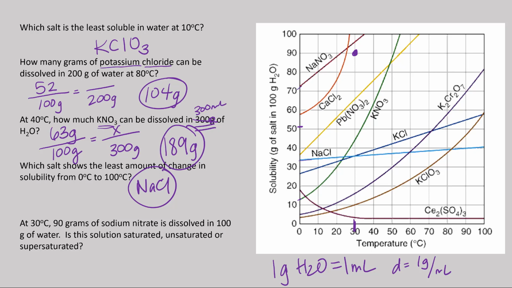And since it's below the line, that means we could still add more, because the line represents the saturation point. So that means that this is unsaturated because it's below the line. We could add up to here before the solution gets saturated.